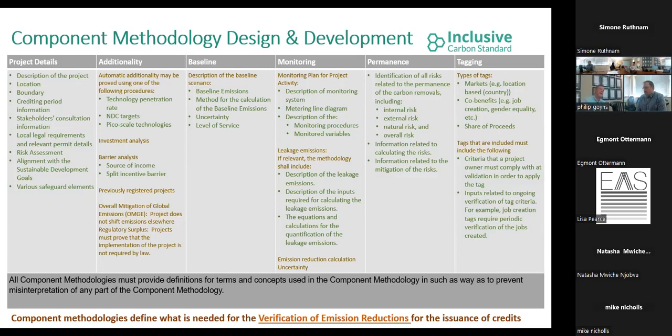Then the fourth one is really the largest and most complex type of component methodology, which defines the procedure that you would use to monitor the different parameters within your project.